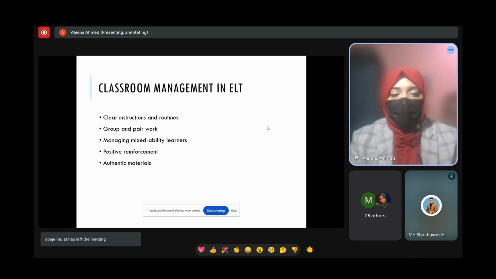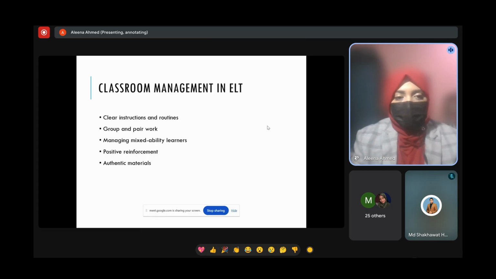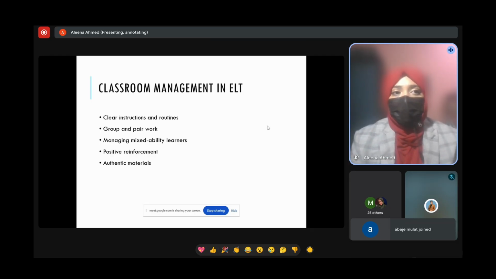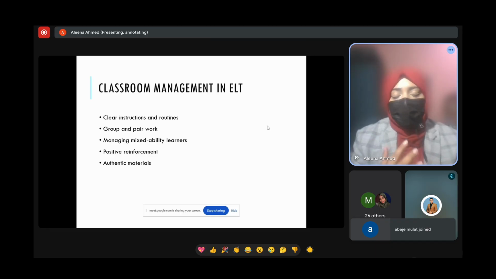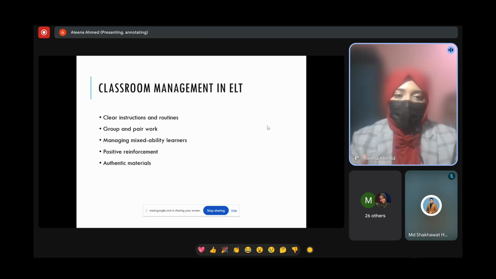It should be with very clear instructions and routines. It can be only for a teacher, and it can be for the whole class as well. A teacher can do it for herself or himself, saying that I will manage my class like this, making a checklist, and following that in the classroom.